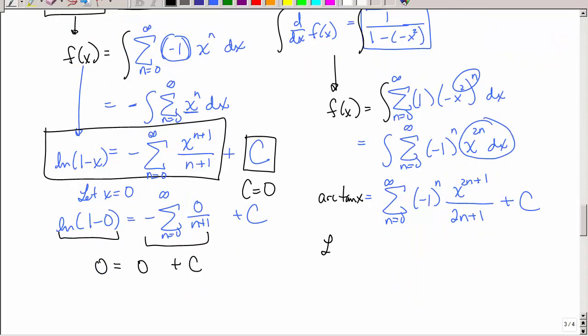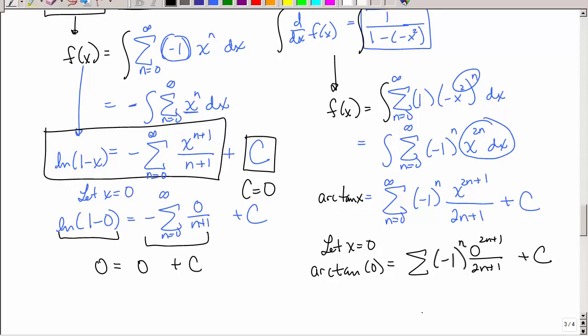I know if I let x equal to 0, the arctan of 0 is 0. So I would have, again, 0 raised to the 2n plus 1 power. So I would get 0. That is equal to 0. And c again would be 0.